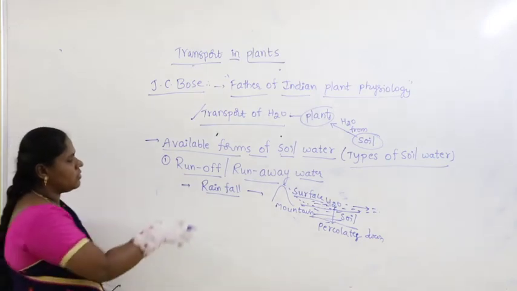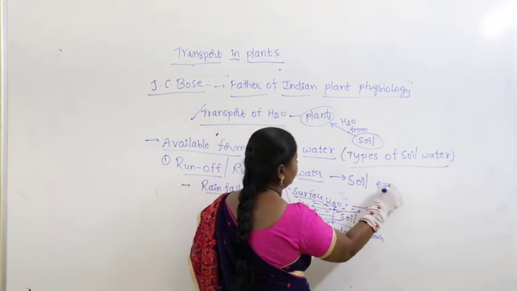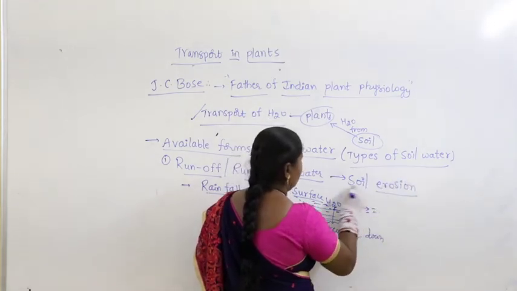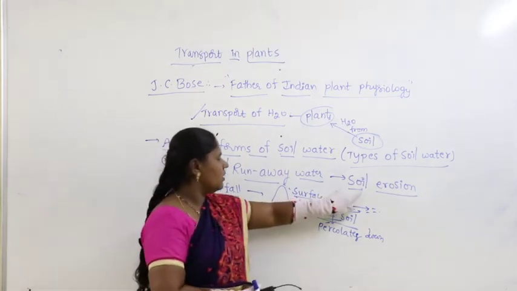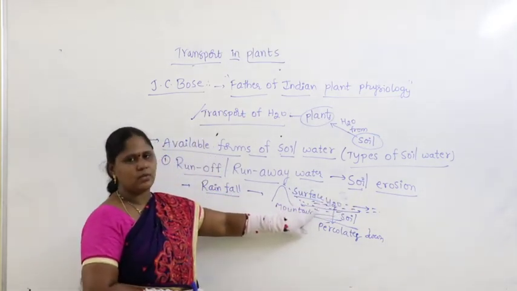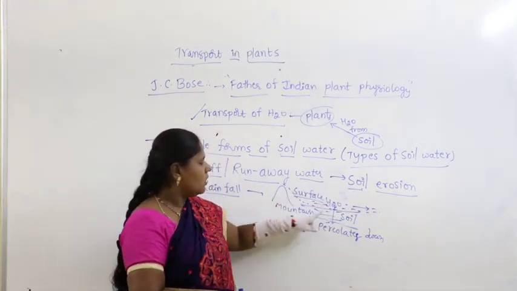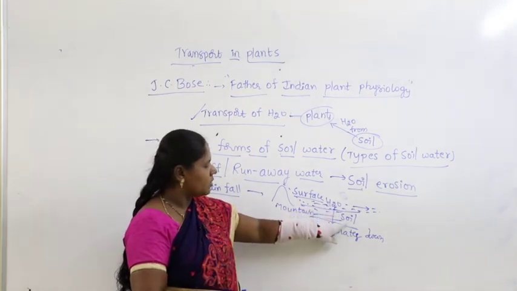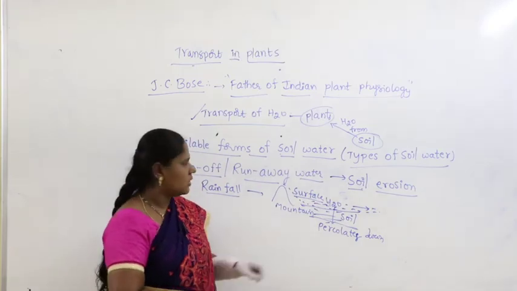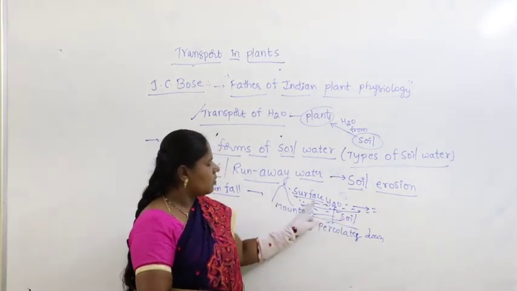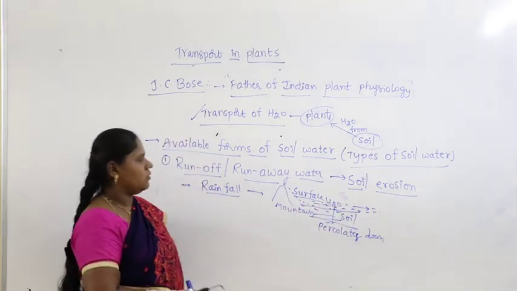Surface water generally causes soil erosion. What is soil erosion? Removal of the outer layer of the soil. When water is moving, it removes the outermost layer of the soil, which is called soil erosion.